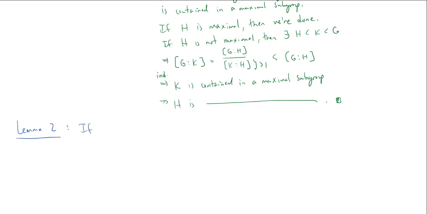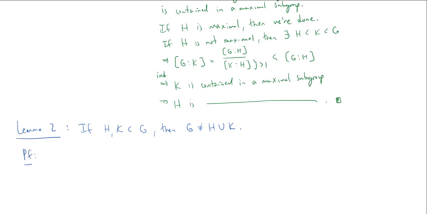So if H and K are proper subgroups of G, so they're not equal to G, then G does not equal the union of H and K. It is just simply impossible to write a group as a union of two proper subgroups.